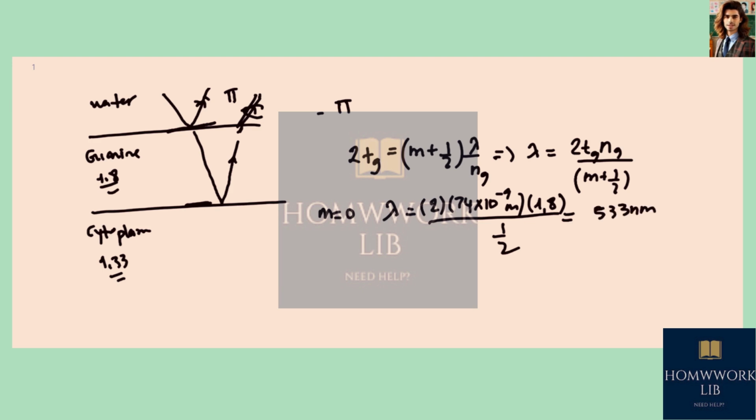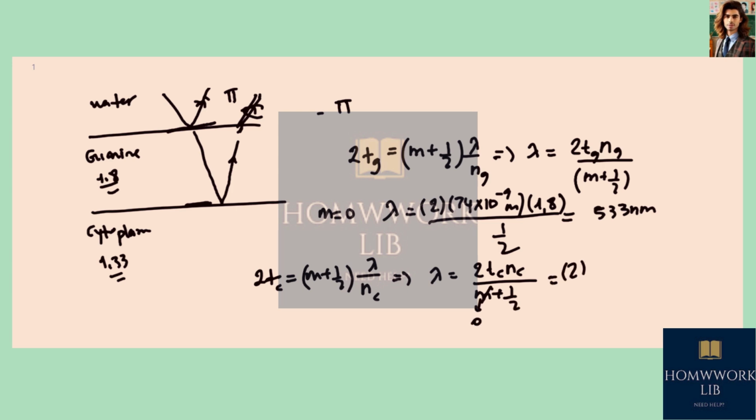If we do the same for the cytoplasm, it's going to be 2 times the thickness of the cytoplasm layer equals m plus 1/2 lambda divided by the index of refraction of cytoplasm. Then for lambda, we're going to have 2 t n over m plus 1/2. When m equals 0, the cytoplasm layer is given to us as 100 nanometers thick.